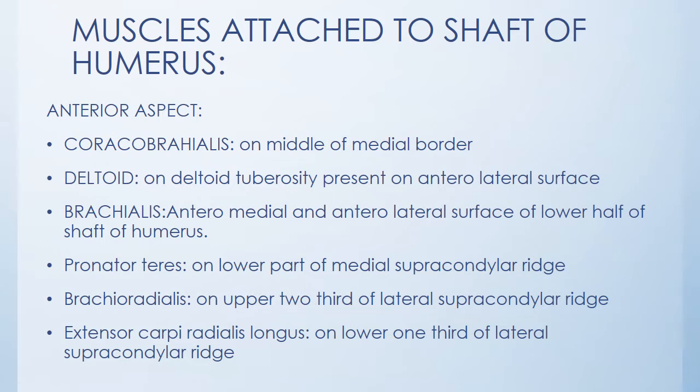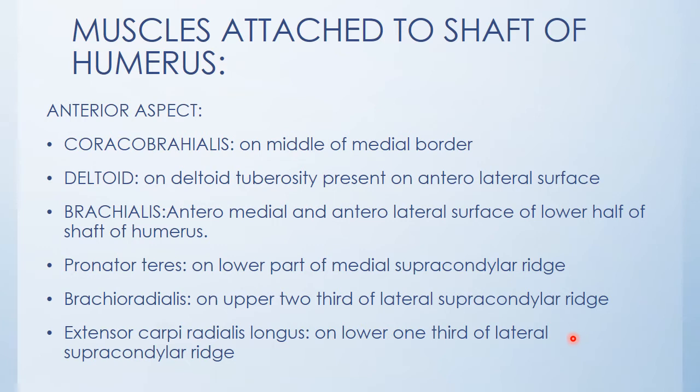Then we have extensor carpi radialis longus. It is also another muscle of the forearm and it is attached on the lower 1/3 of the lateral supracondylar ridge. So we have three muscles which attach on the supracondylar ridges: the pronator teres on the medial supracondylar ridge, the brachioradialis as well as the extensor carpi radialis longus are attached on the lateral supracondylar ridge.